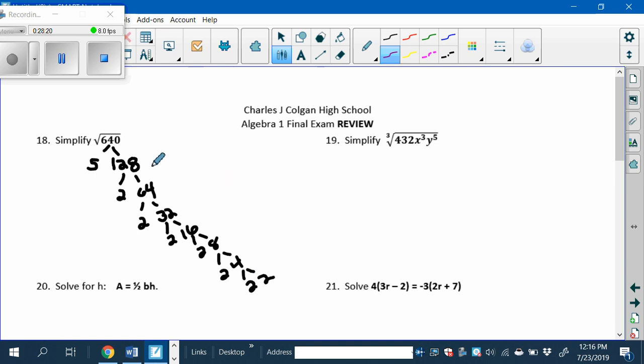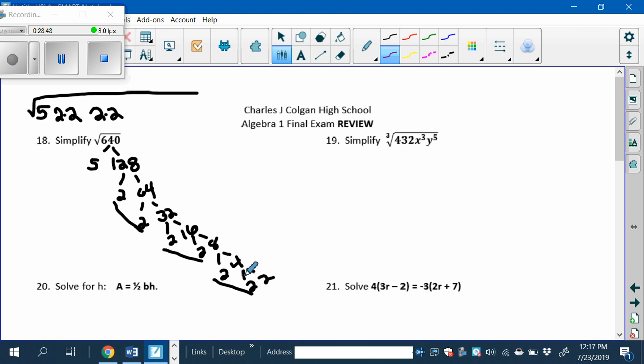Okay, so what I do is I look through this, and if I were to express this as a radical, I'm going to group all my sets of 2 together, because remember, those are what I take out. I have a 5, and then I have these 2s, so I have times 2 times 2. And then I have these 2s, 2 times 2. And if this was a cube root, I'd be taking out sets of 3, right?